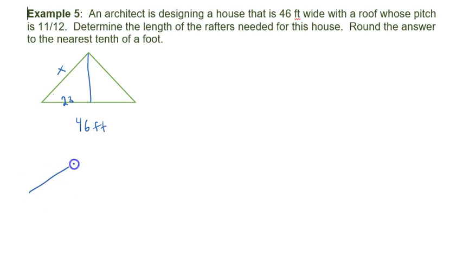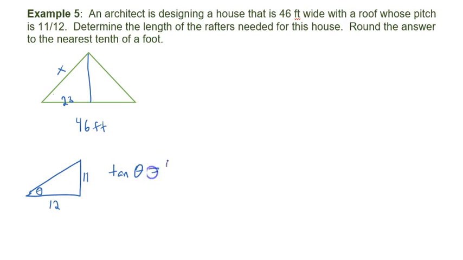And so you need to draw yourself a triangle that has that angle, and then we're going to represent the rise as 11, so the vertical part as 11, and the run as 12. So that would be the horizontal part. It's kind of like slope, rise and run. And you're going to use that to get the angle. So you have the two sides that are opposite and adjacent, which is tangent.